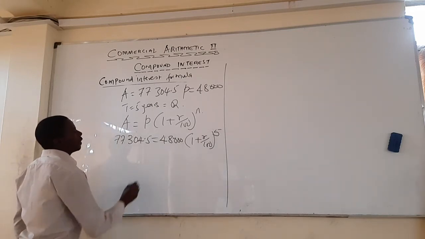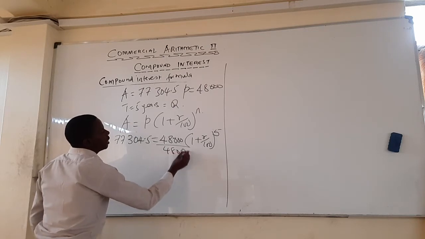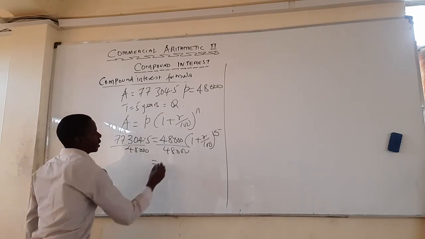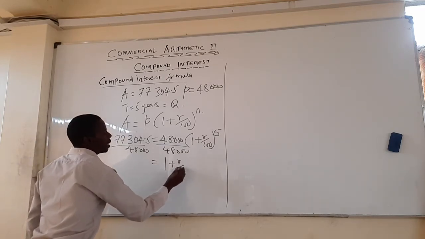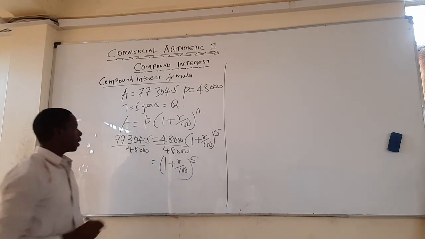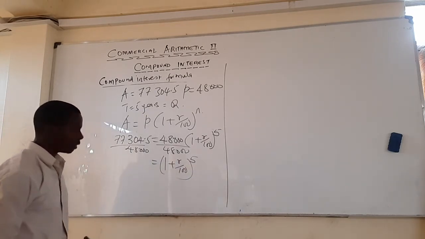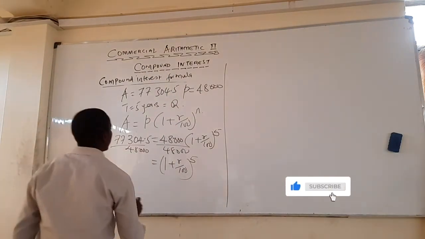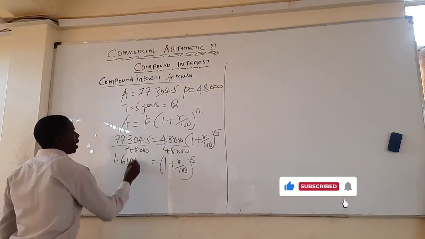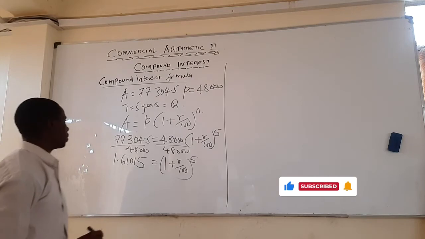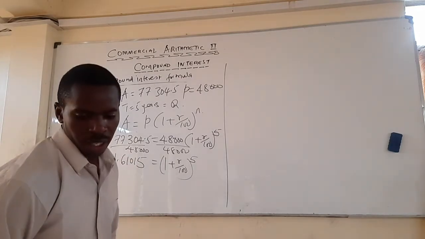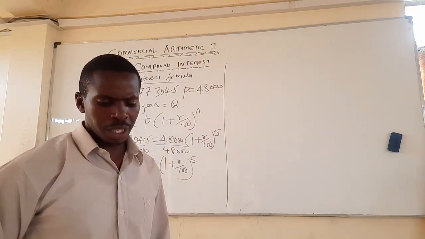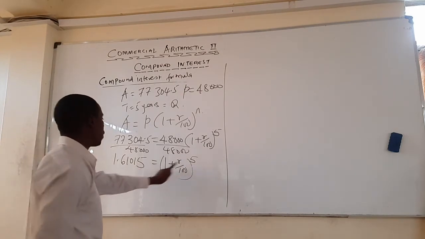So here we can divide both sides by 48,000, so that we are left with 1 plus R over 100 power 5. Then 77,304.5 divided by 48,000, I have 1.61015. That is when we divide 77,000 by 48,000. Then we have it like that.